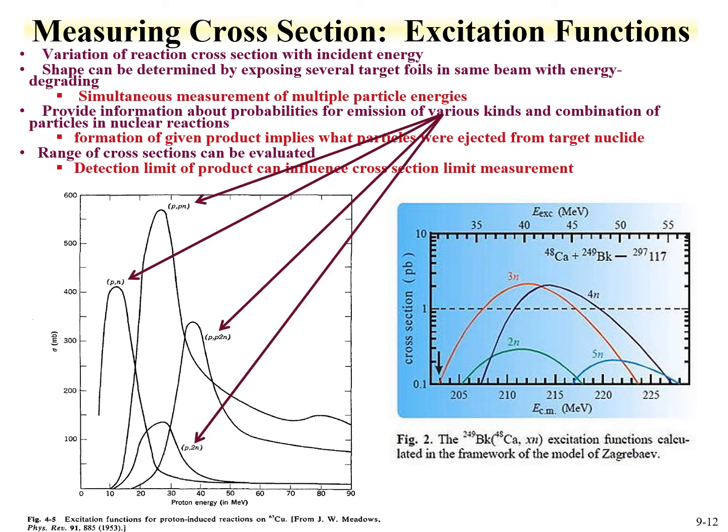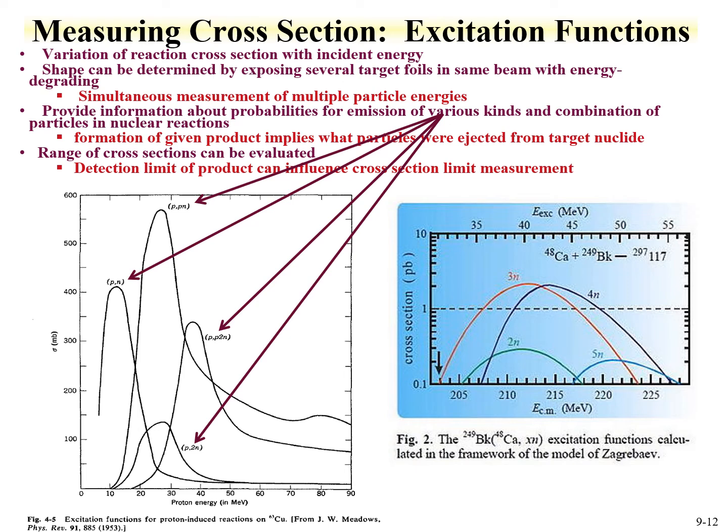So if we perform a reaction, we provide information about the products, we can get cross-sectional data by looking at the change of the product concentration as a function of energy. We can actually perform these experiments simultaneously if we have a number of different targets in a system.